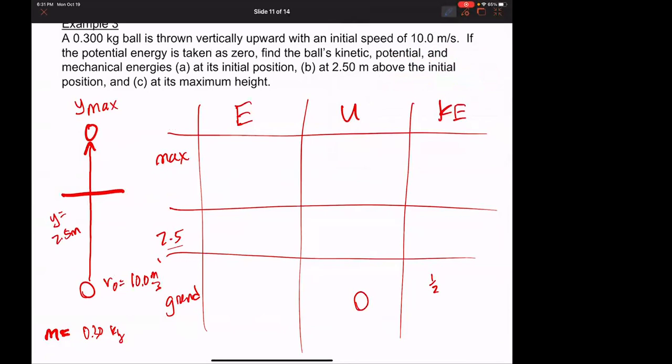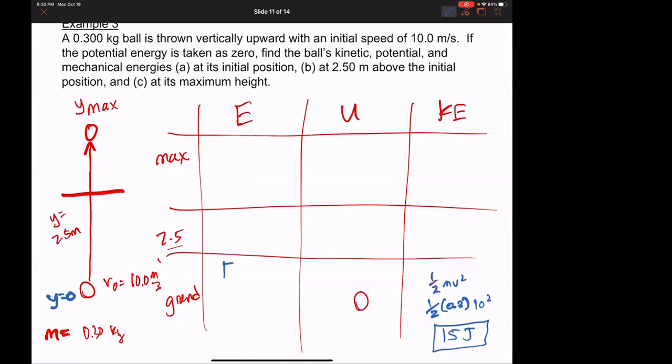We can see here that this is going to be 1/2 mv squared. So we have 1/2 times 0.3 times 10 squared. The kinetic energy on the ground is going to be 15 joules. Potential energy on the ground is 0 because it's at its lowest point, since y equals 0 at that point.